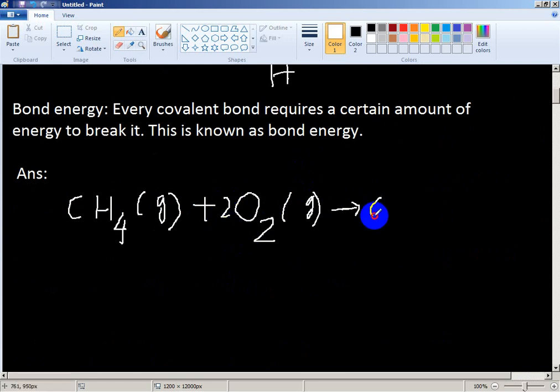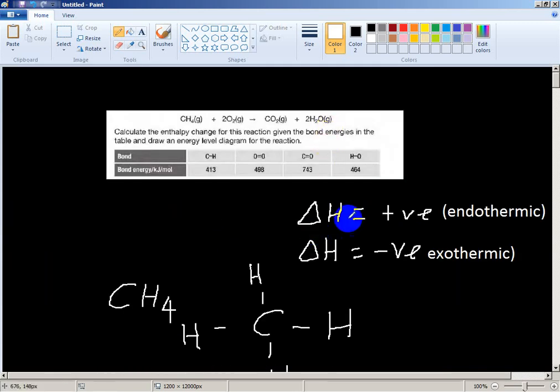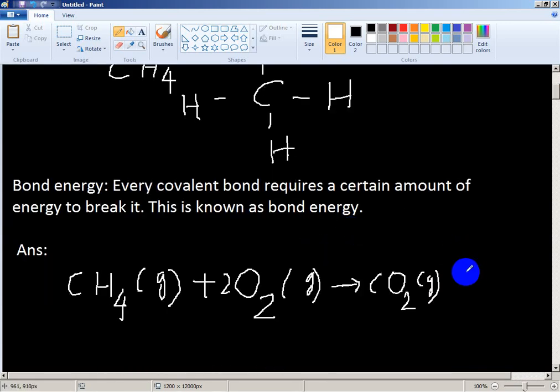And this is carbon dioxide gas, and the state of water. Now the water state is gaseous, that means it is steam.